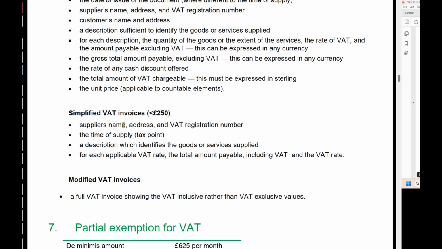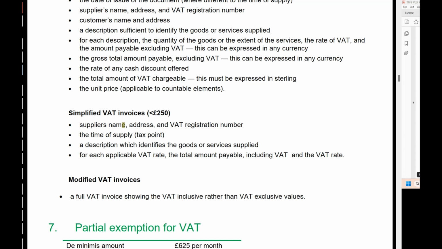Now there's a little section about simplified invoices. And simplified invoices are available where the supplies are less than £250. And if the supplies cost less than £250, what does the invoice need to include?